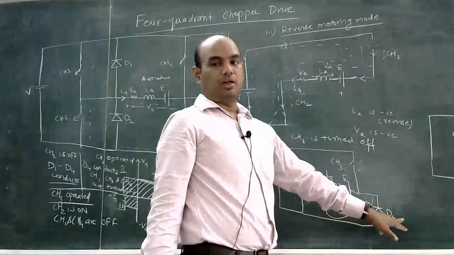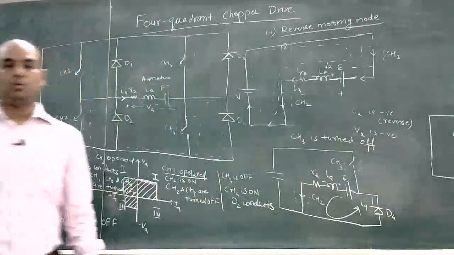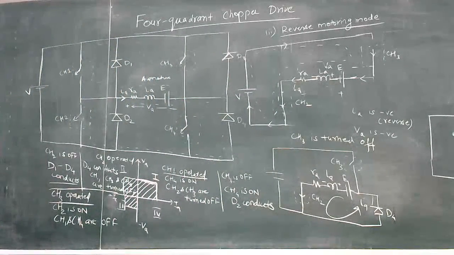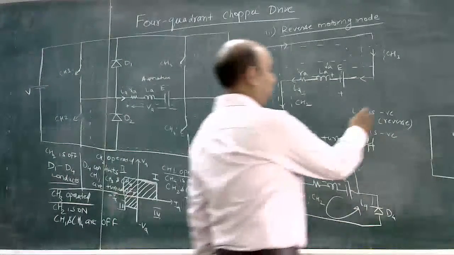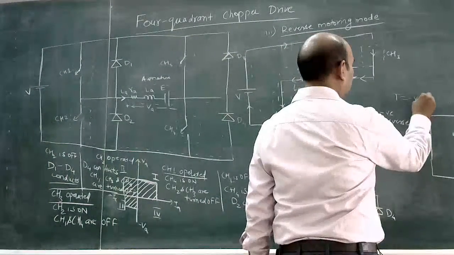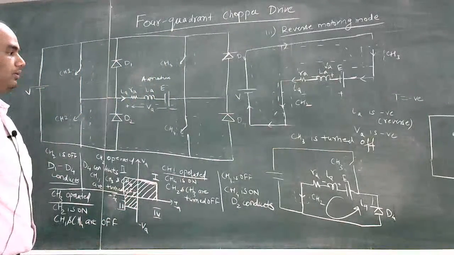D2 starts conducting, so the current will flow in this direction. As current is negative, torque is also negative, and this will be in the third quadrant.